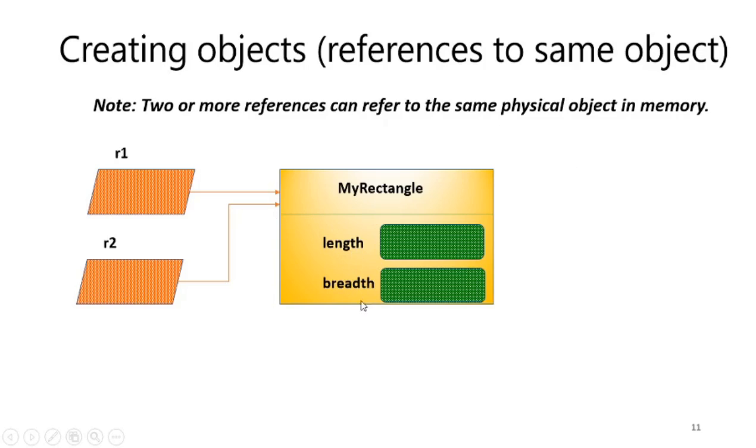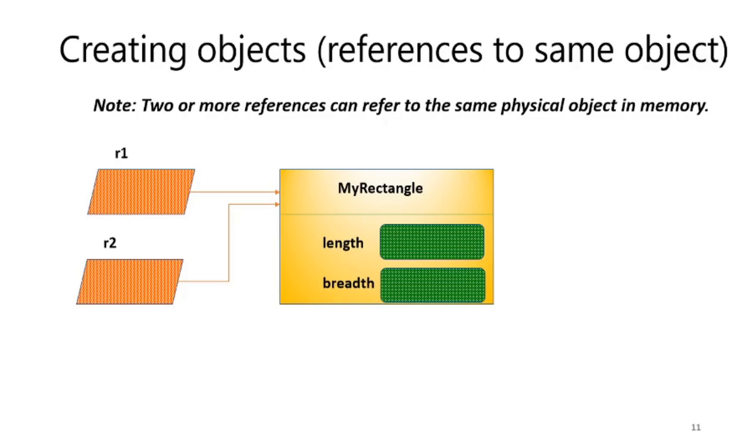These are the variables in the MyRectangle class. Suppose you have created the object R1, not just declared it, so there is a complete creation of the object R1. How can you create that R1? MyRectangle R1 equal to new MyRectangle.